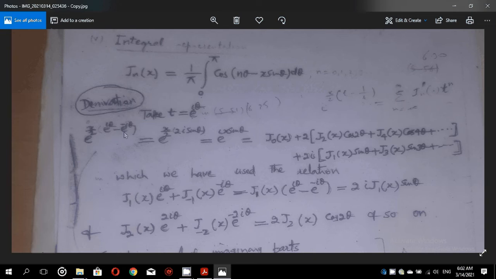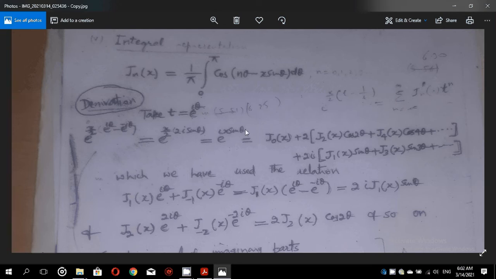If you expand these two exponentials and subtract them, you will get e to the power x over 2 sine theta, which is equal to e to the power i x sine theta.